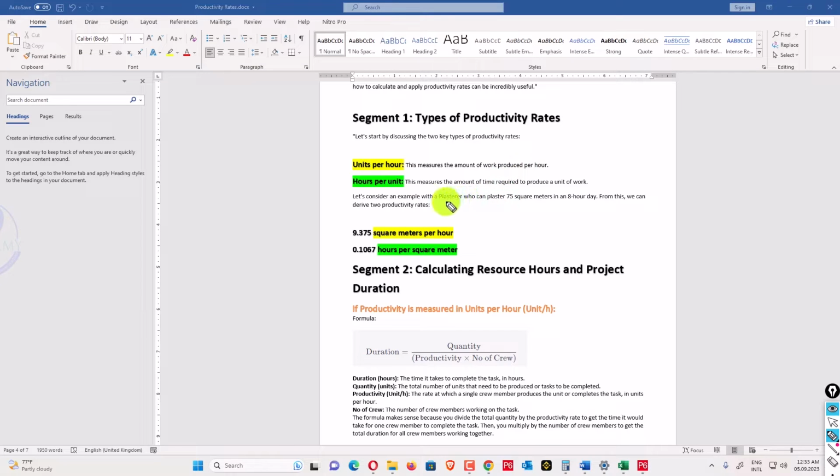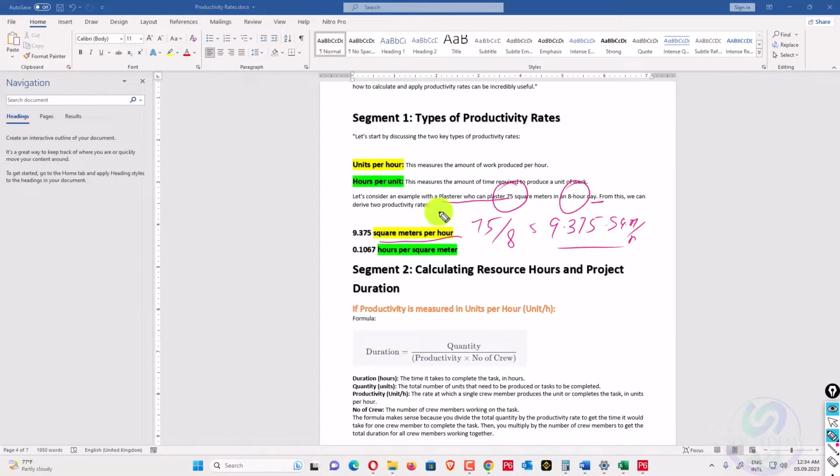If a plasterer can do 75 square meters of work in a day, and a day is equal to 8 hours, what will his productivity be? It is calculated as 75 divided by 8, which is 9.375. 75 is the quantity and 8 is the hours, so the unit is square meter per hour.